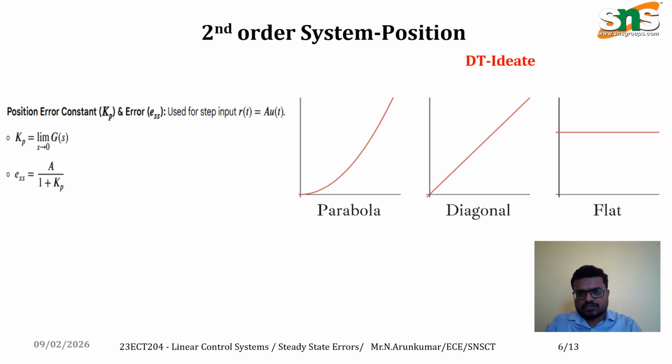So these are the system functions of the position error constant. If it is a parabola, then it will be indicated as a waveform like this, diagonal and flat. So these are the default constant values for the positions.